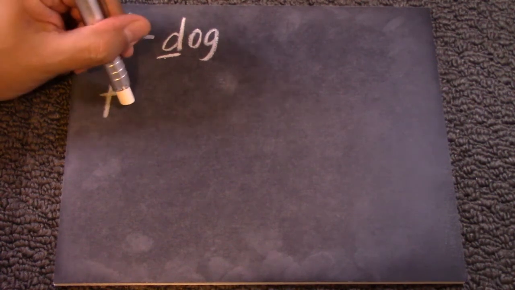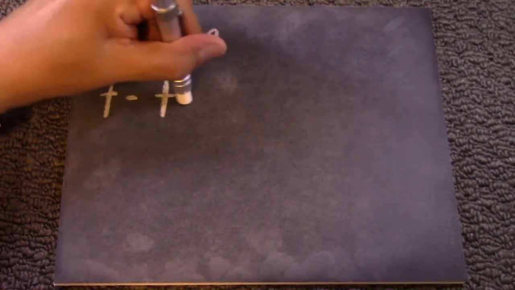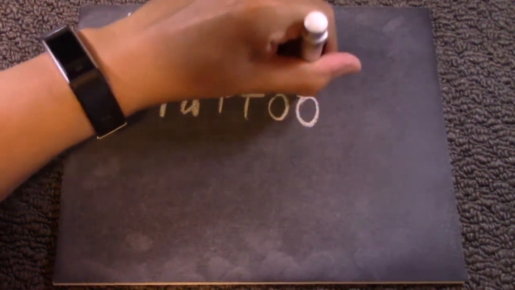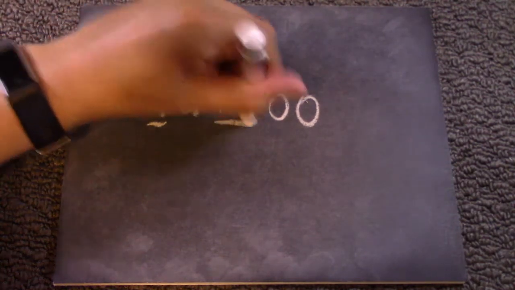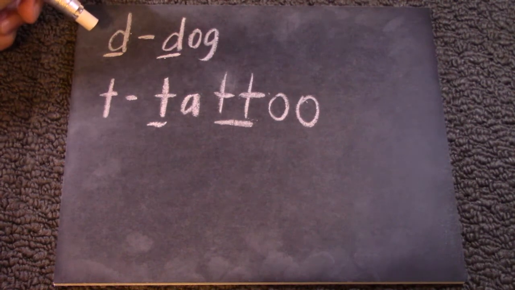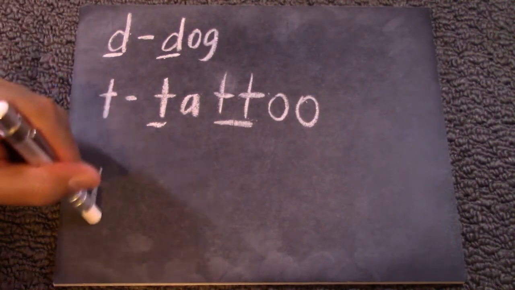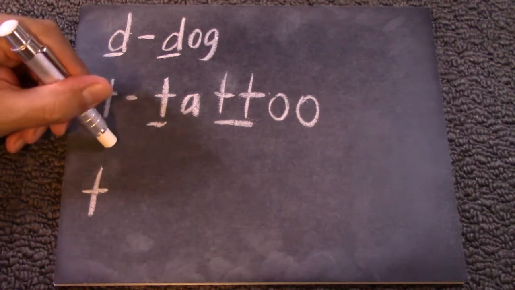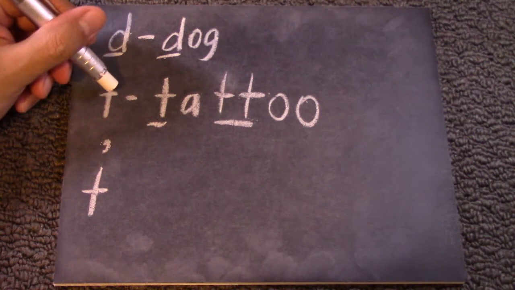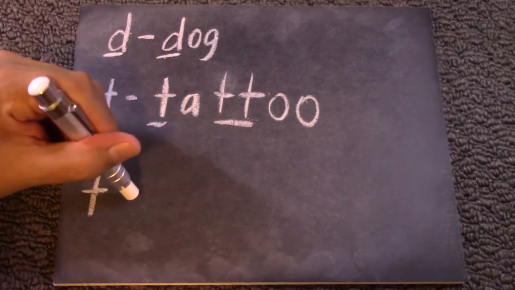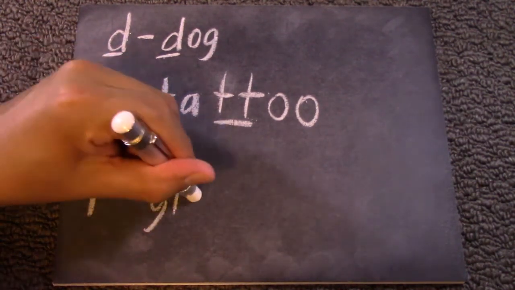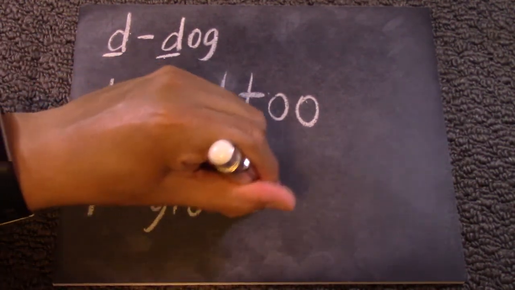Next we have T, and we hear that T sound in the English word tattoo. So we've got 3 T's in this English word tattoo. We also have a T with an apostrophe on top of it, and there is no equivalent in English, but the apostrophe tells us that this T is glottalized or ejective.